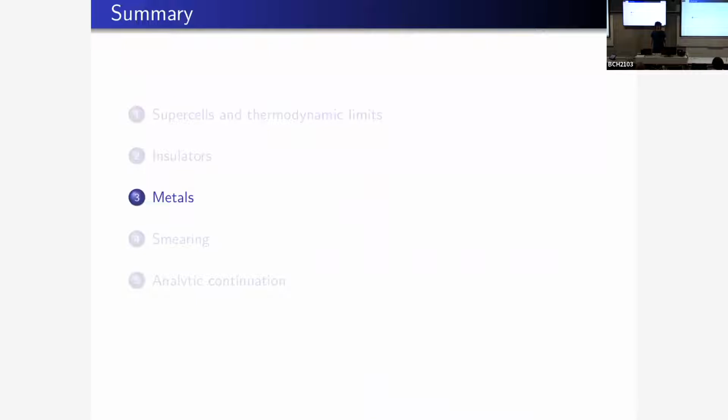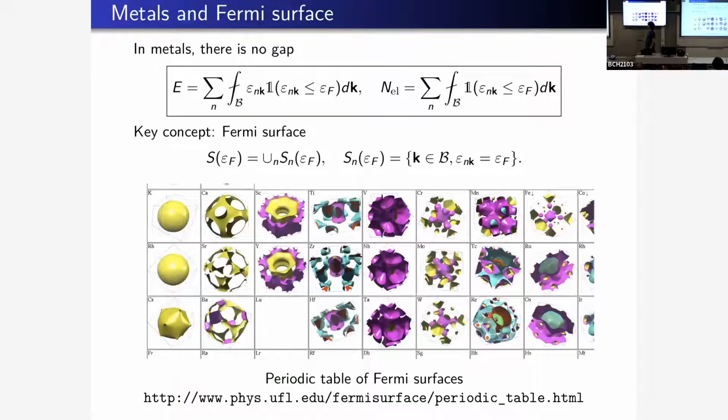This was for insulators. Insulators are easy to converge with respect to k-points. The fun part is metals. So what about metals? Well, metals have Fermi surfaces. So instead of this guy simplifying to just a sum, you have this factor here that tells you that you should integrate only the states that are below the Fermi level.